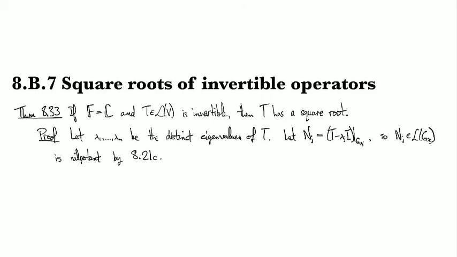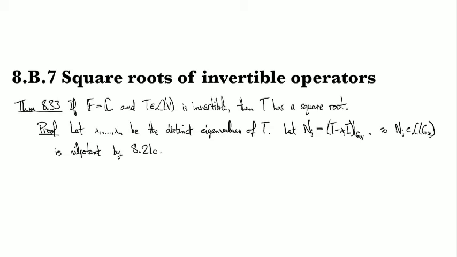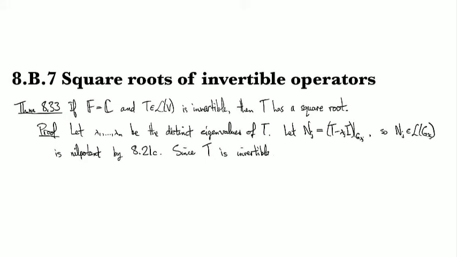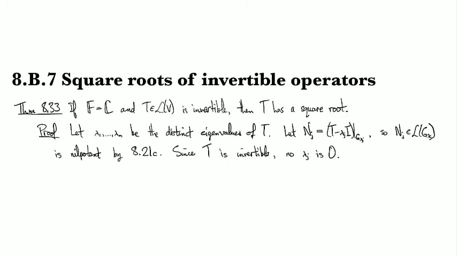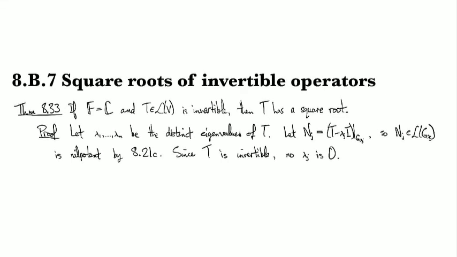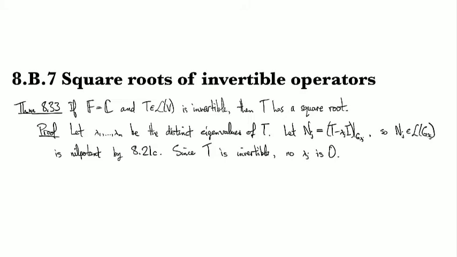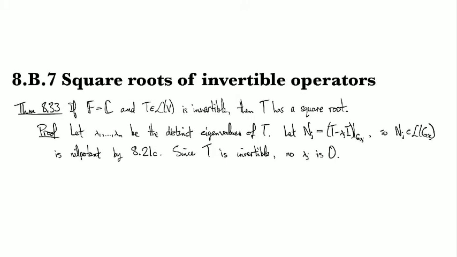Okay, so now we're assuming that T is invertible. So since T is invertible, no lambda_j is 0, right? So T is singular if and only if one of its eigenvalues is equal to 0. That's the only way that T can have a component which is a projection, and otherwise it'll be invertible.